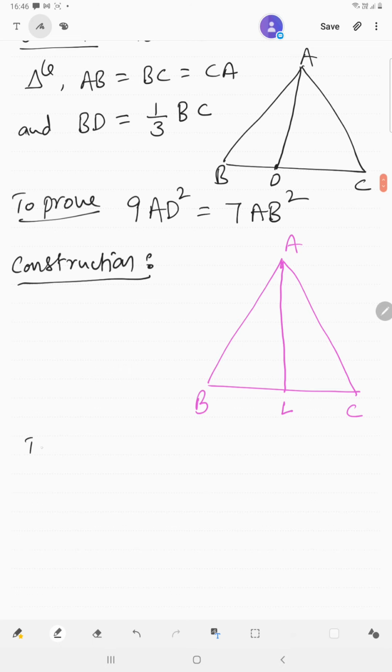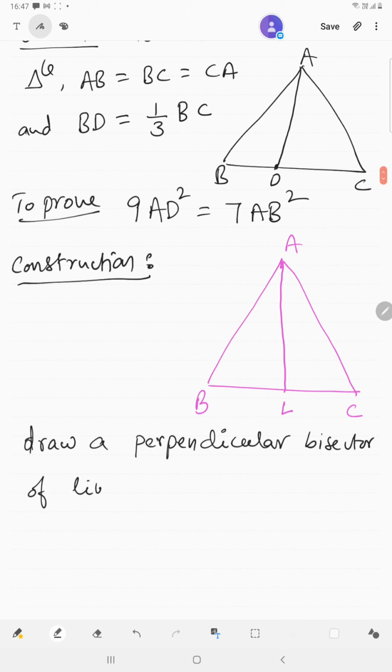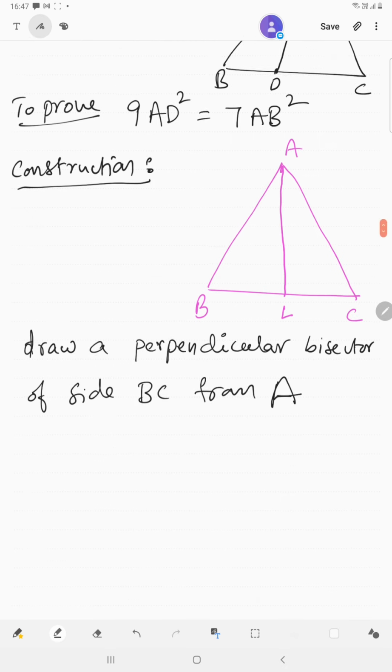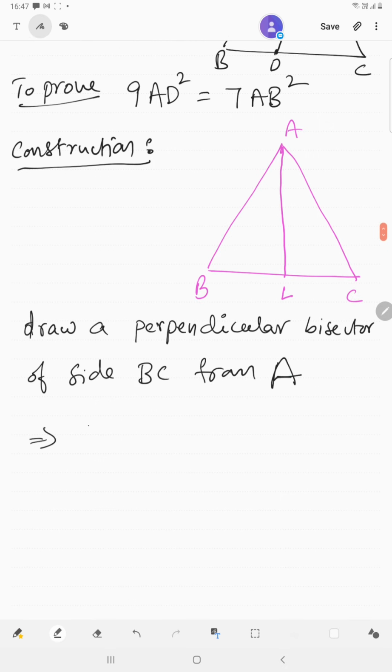So, draw a perpendicular bisector of line or side BC from A. That implies BL is equal to LC and BL is equal to half of BC.